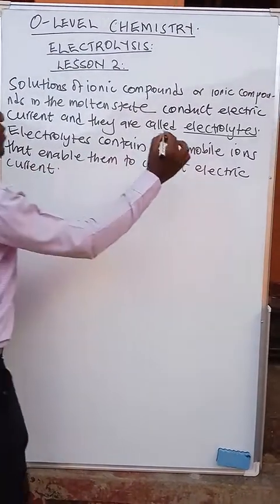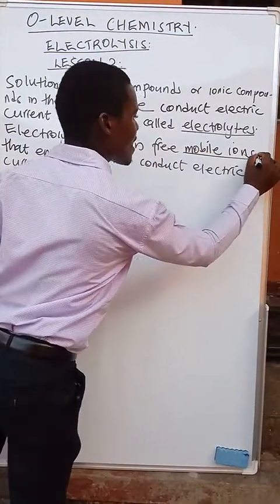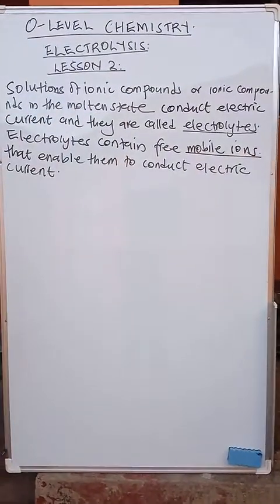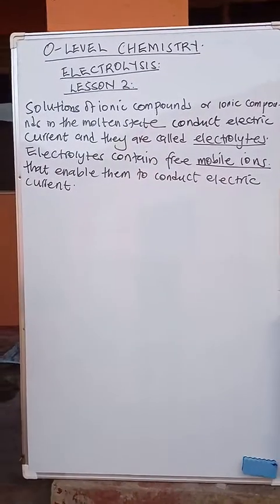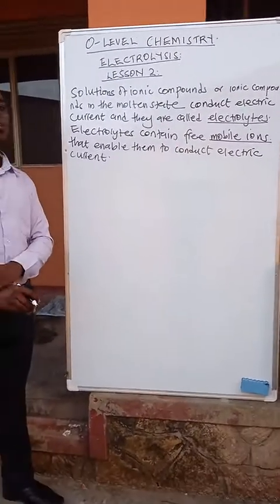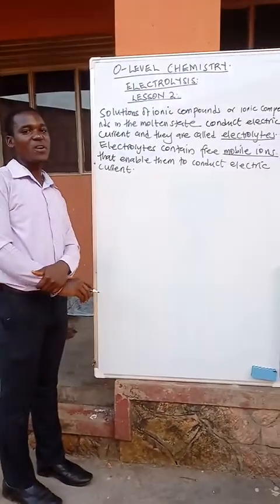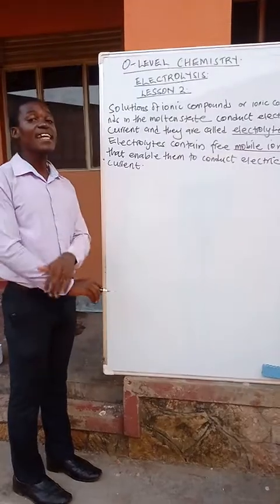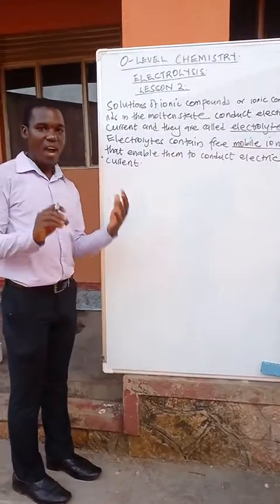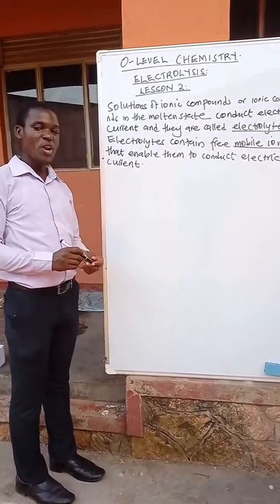All right, now this is another important thing here. We are talking about the mobile ions. Remember, for the metals, we said that the conducting particles are the free mobile delocalized electrons. And now we are saying that for the electrolytes, it is the mobile ions. So you have to take note of that.